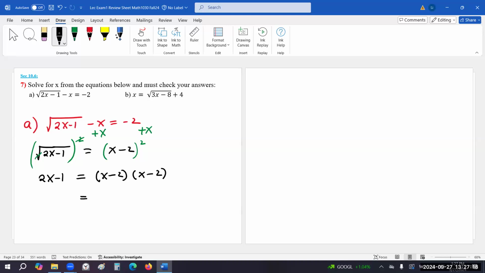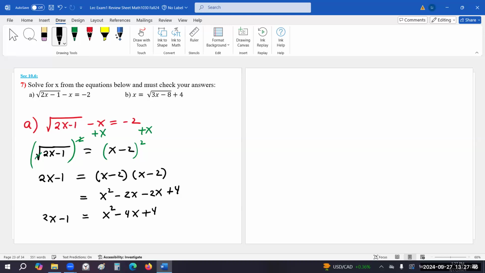So go ahead, Angel. First, x squared, then negative 2x, and negative 2x again, and negative 2 times negative 2 is positive 4. Perfect. And we combine the terms in the middle, so it goes negative 4x. Negative 4x plus 4. Right.